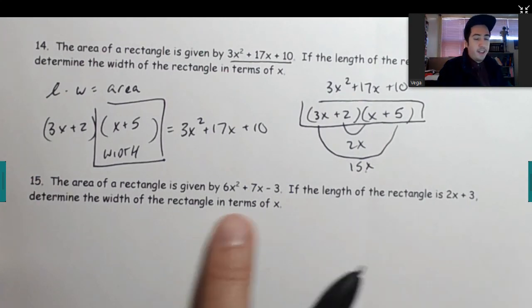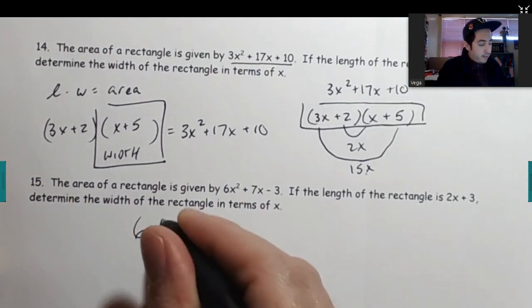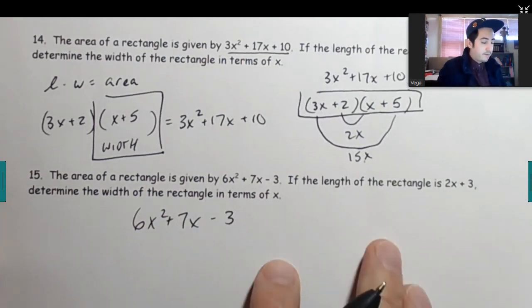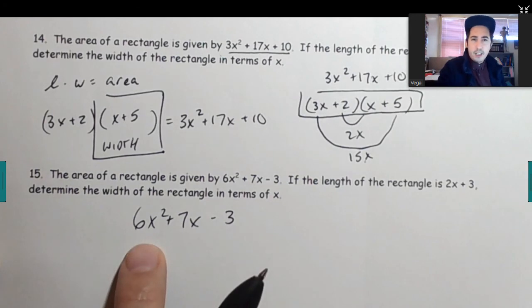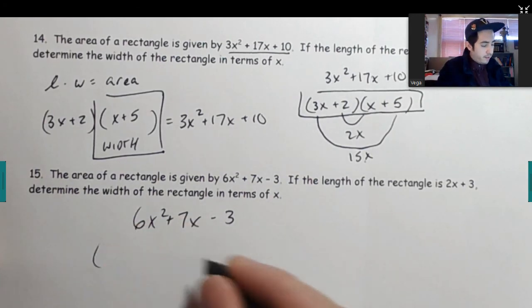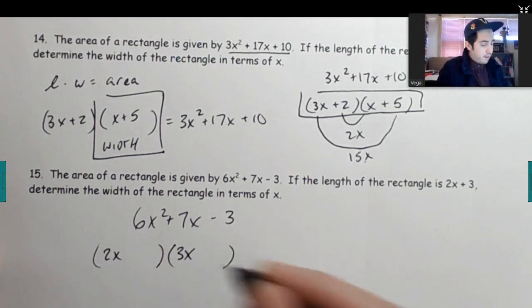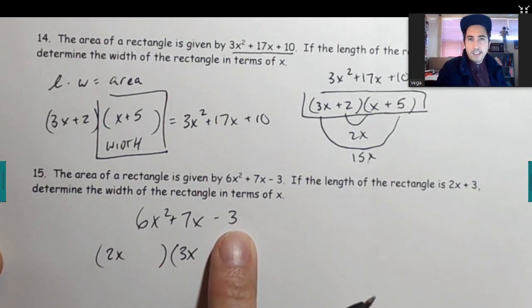Last one, same thing. Here's some quadratic. Factor it. 6x squared, that could be 6 and 1 or 2 and 3. My gut always says do 2 and 3, so I'll try that. Negative 3, positive 1, or negative 1, positive 3. There's only one way to get 3, 1 times 3.